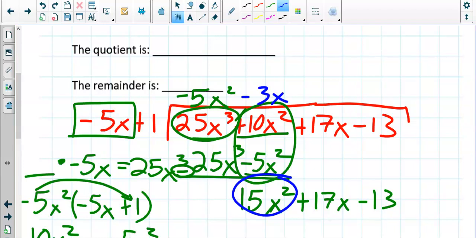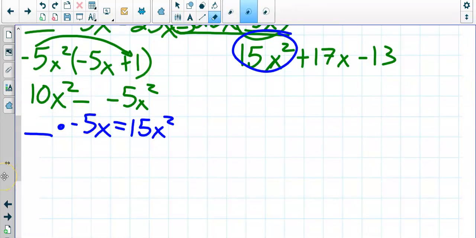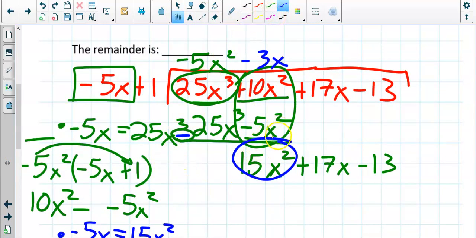Whoa. Signs do matter. I didn't take 10 minus 5. I took 10 minus a negative 5. That's why you saw me write this down, because that's really what's going on there. You are subtracting down. This was my top guy minus my bottom one. 10x squared minus my bottom guy.